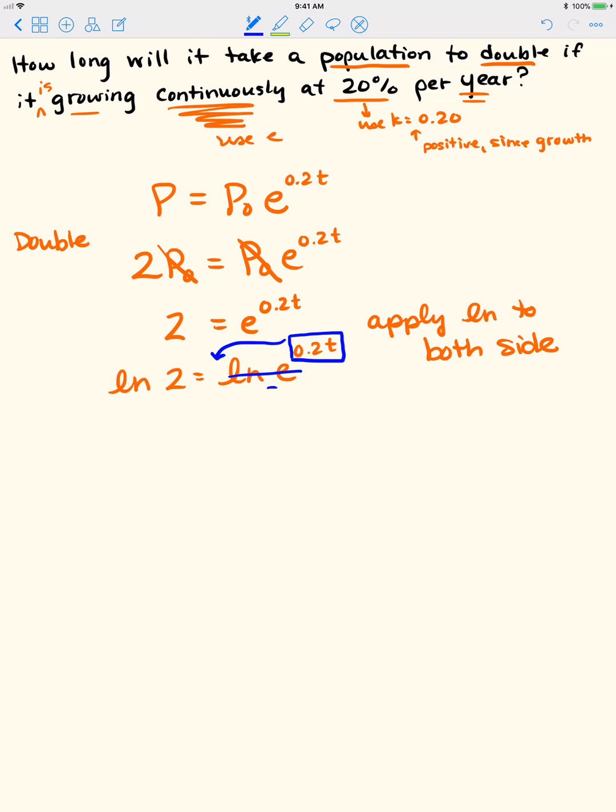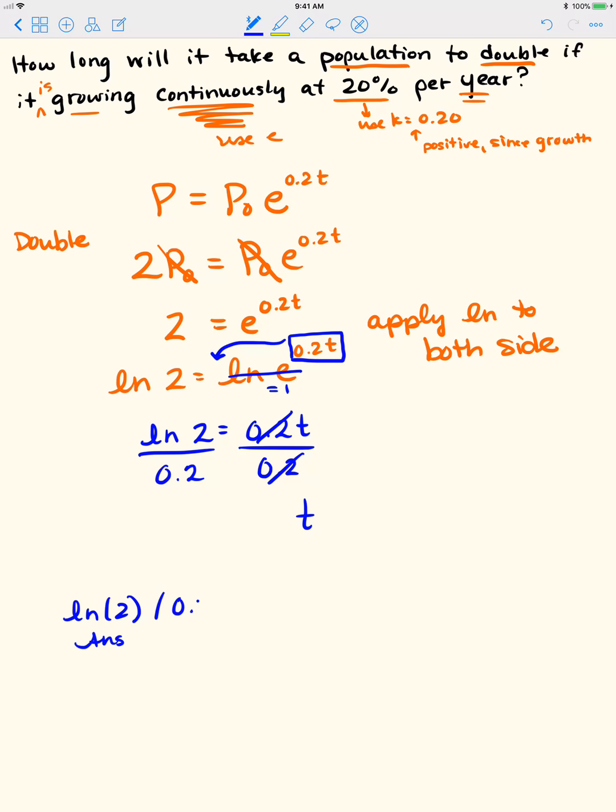The natural log of e ends up being 1. We have the natural log of 2 equals 0.2 times t. We'll divide both sides by 0.2 because the t is what we're solving for. And if you take the natural log of 2, again, close the parenthesis on that natural log function so it stops after 2, or get an answer for that and then divide that answer by 0.2.